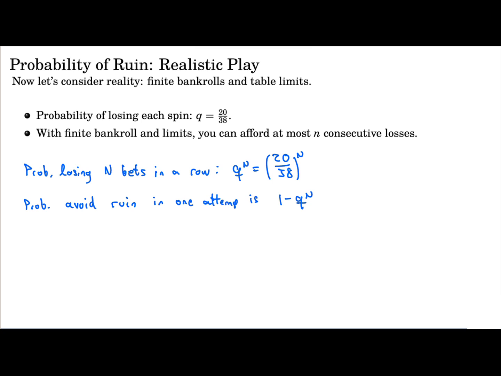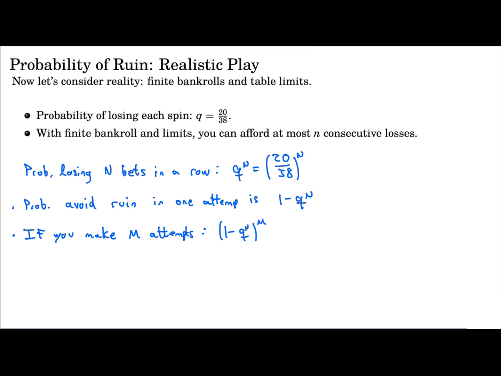But if you use this strategy too much, if you make, let's say, m attempts, now it's going to be (1 minus q to the n) to the power of m.